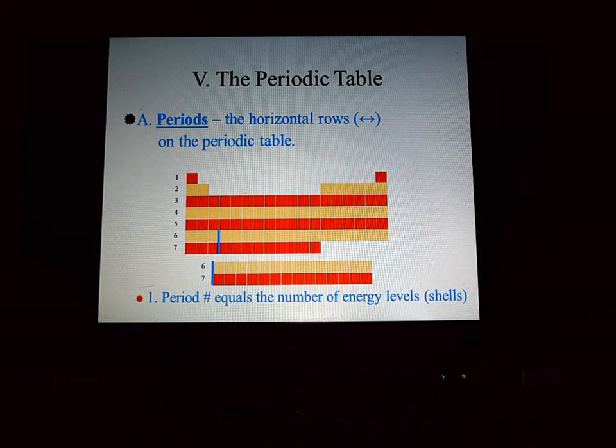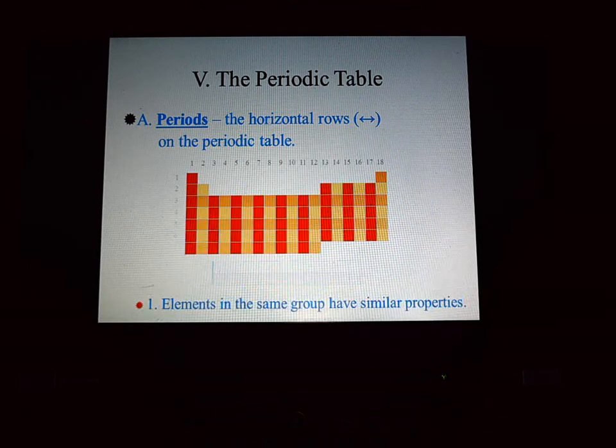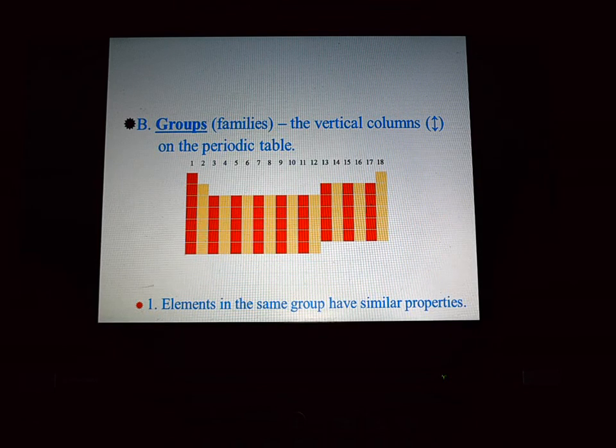Now, the other way you can look at it is up and down. The vertical columns are where elements have the same number of valence electrons and similar properties. You could say they've been grouped based on that: everybody in column 1 has similar properties. The halogens have similar properties.